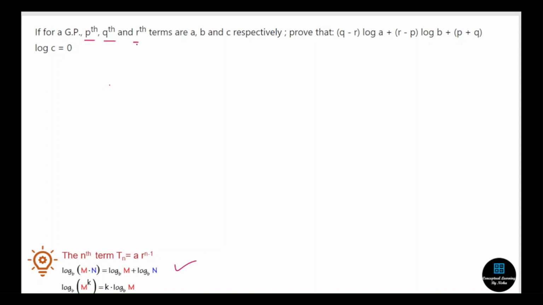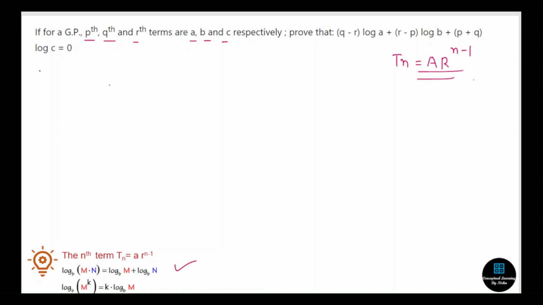The pth, qth and rth terms are given and they are a, b, c. Now here capital A and R are used for these terms. So we will say that Tn equals A r raised to n minus 1. We'll take this as the general term, and now we'll use it here.